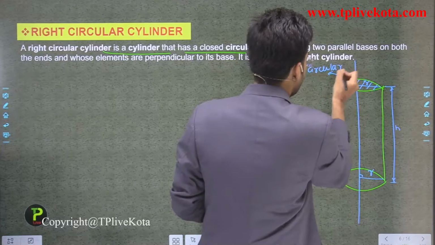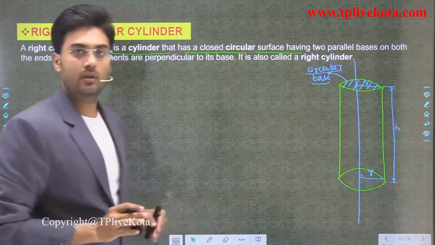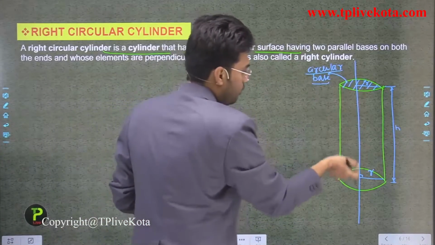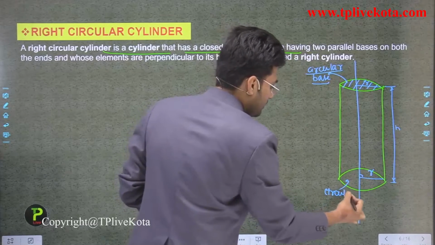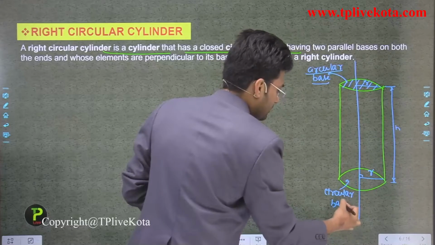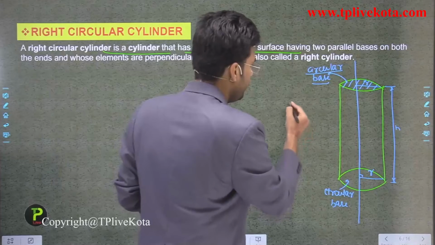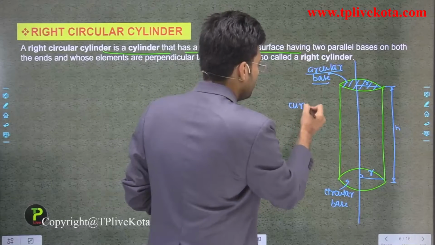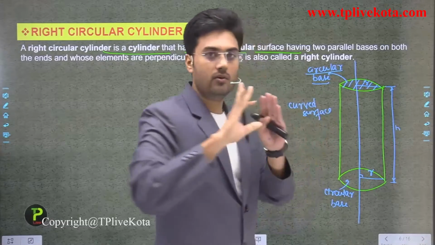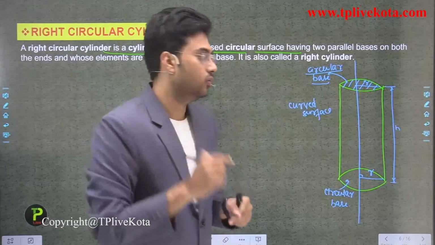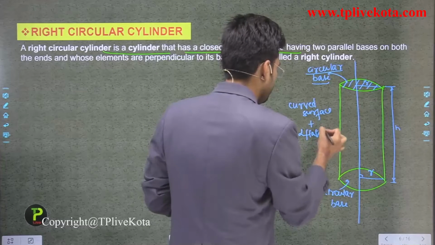Both ends have circular bases. Okay, so for the cylinder we have a curved surface plus two flat surfaces.